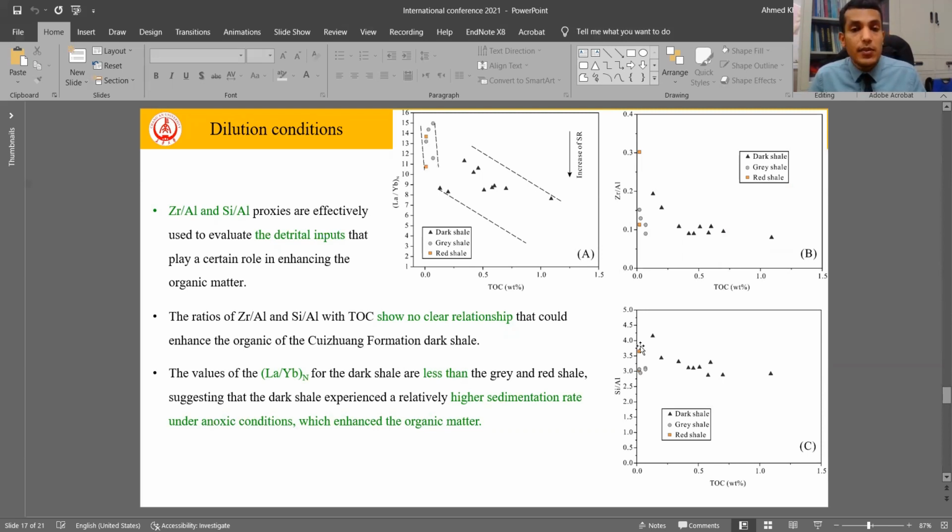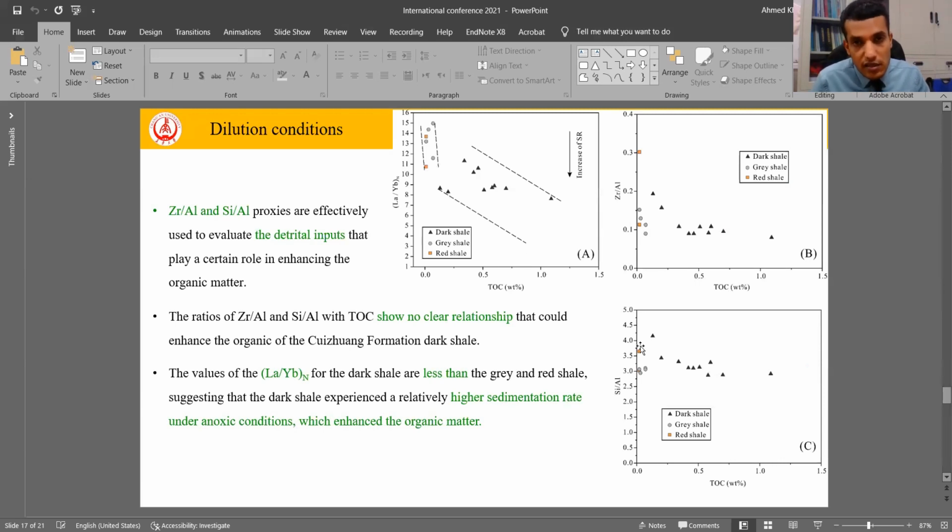This was indicated by using some rare earth elements, which can give us an idea about the sedimentation rate of the shales.